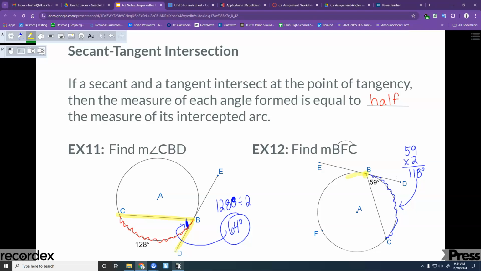B over to F over to C. They did not ask us for the arc we just found. They asked us for the other arc. What would we have to do to find that? Subtract from 360. So we'd have to do 360 minus 118. And that will give me 242.